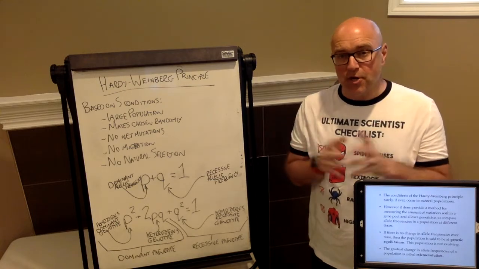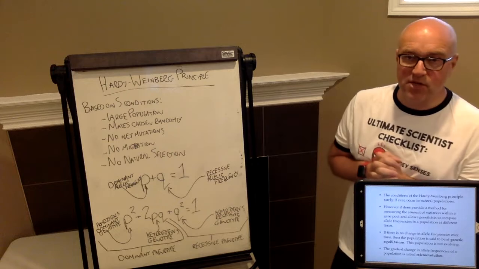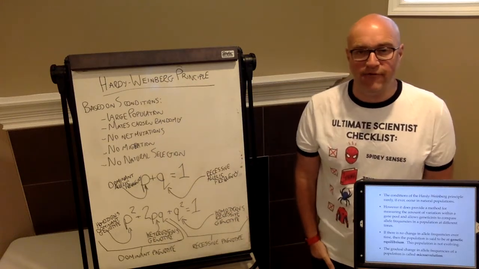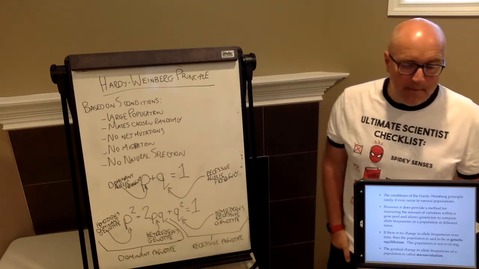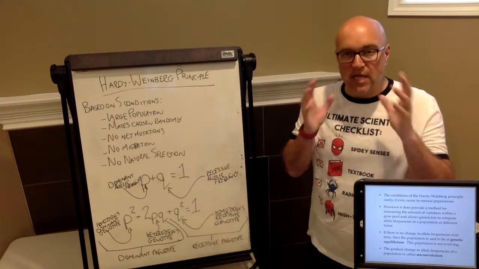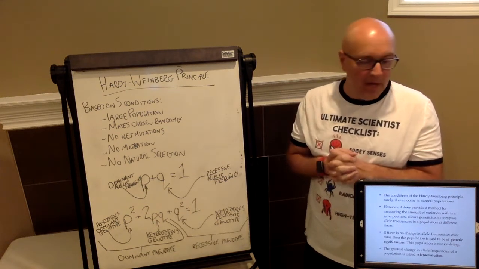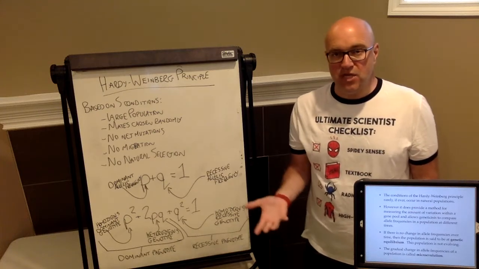Now, as I mentioned earlier, Hardy-Weinberg rarely occurs in natural populations. To meet all 5 of those conditions that I talked about, it's very difficult to meet even 2 or 3 of them, let alone all 5 of them. But this formula, this principle, allows us to measure the amount of variation within a gene pool.